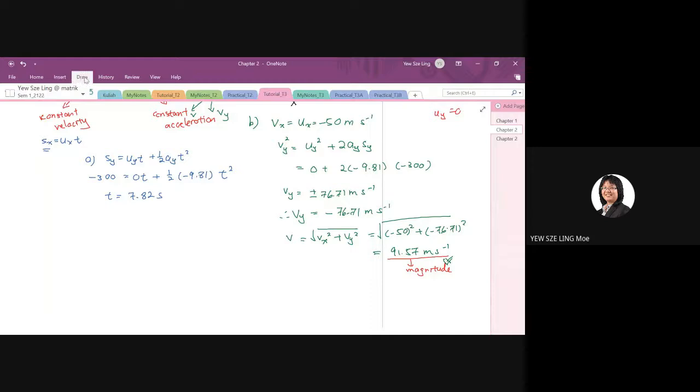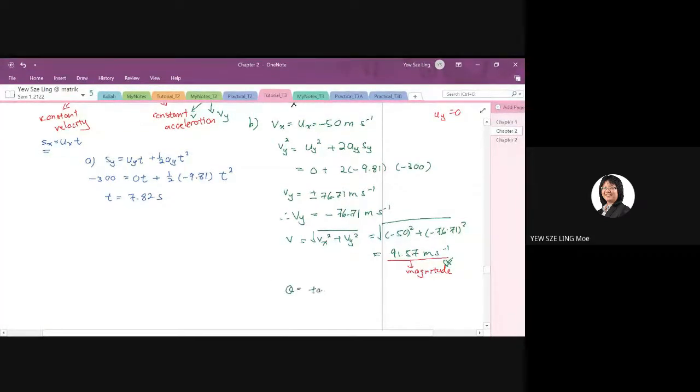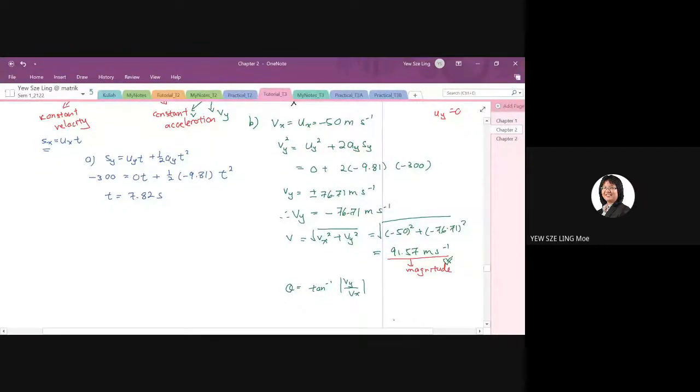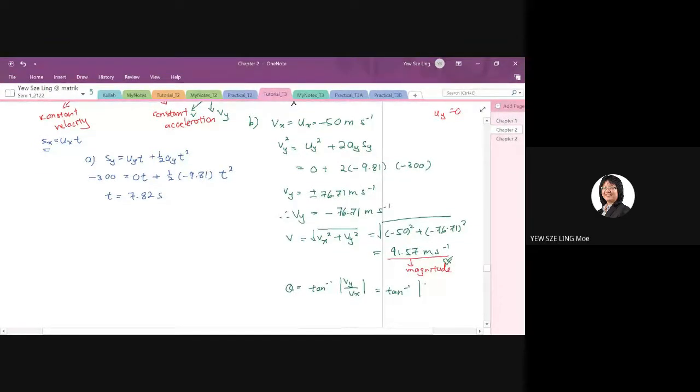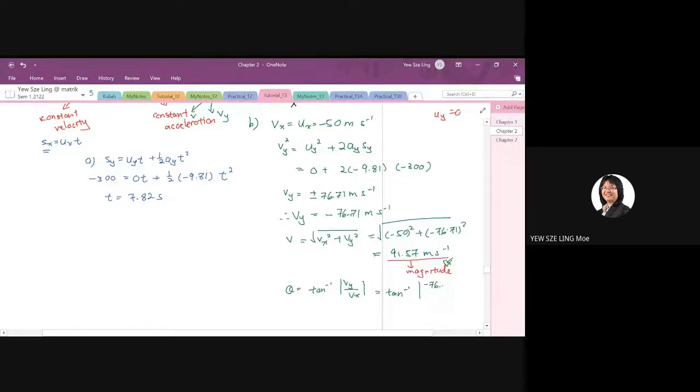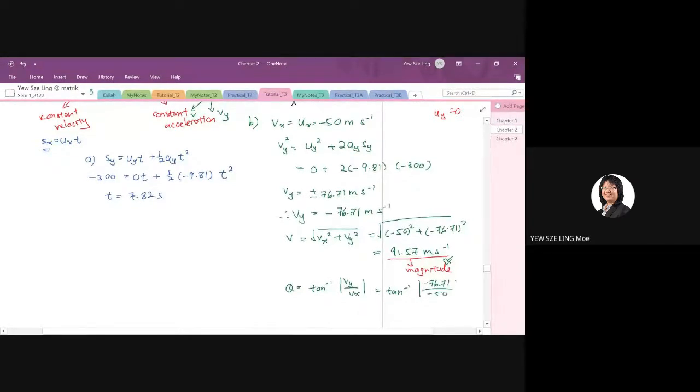Now we want to determine its direction. So theta equals tan inverse of Vy over Vx, which equals tan inverse of negative 76.71 over negative 50.